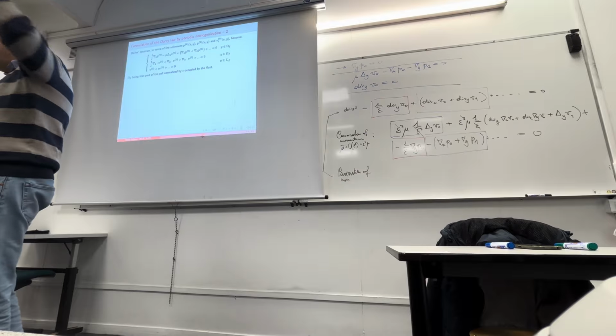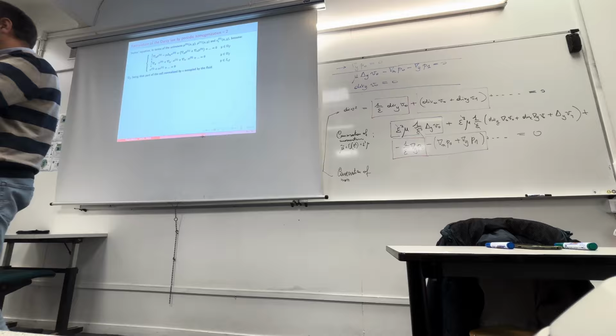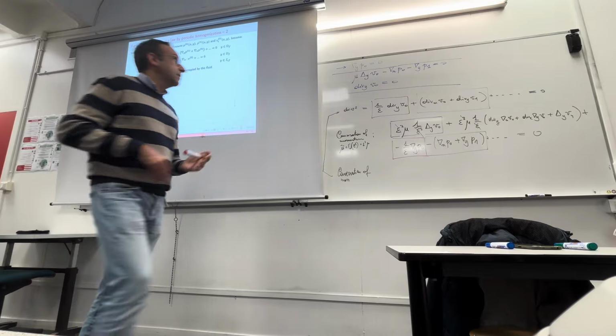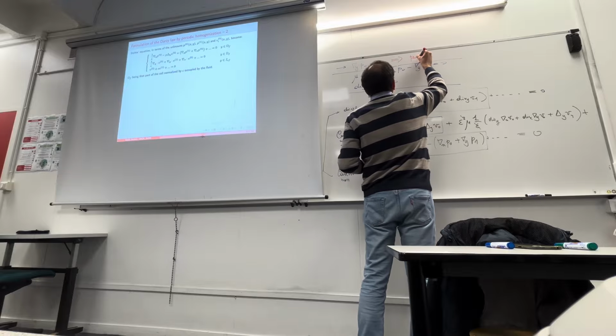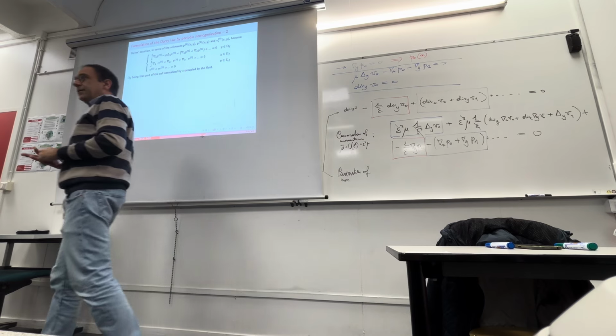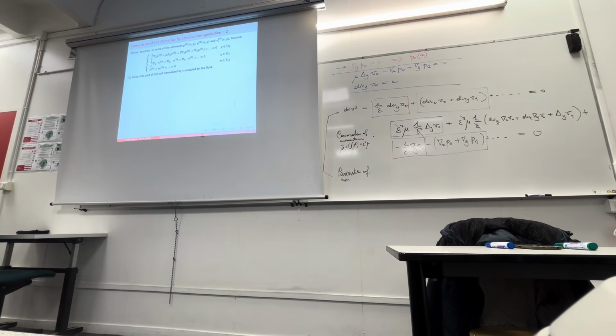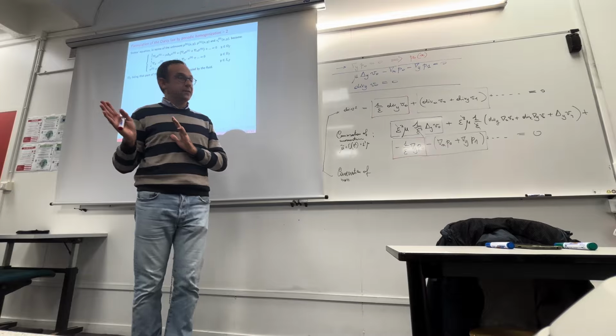It means that p naught doesn't depend on y. So p naught is just a function of x. I remind you that, as we said at the beginning, every field is a function of x and y. Here we are stating that the gradient y of p naught is 0, so p naught doesn't depend on y, it just depends on x.